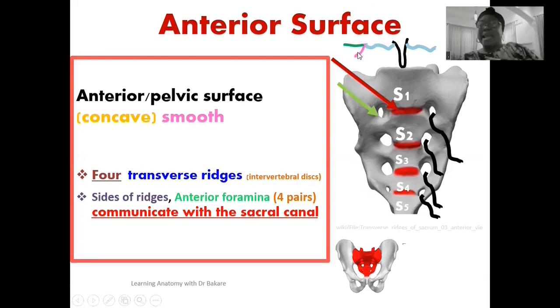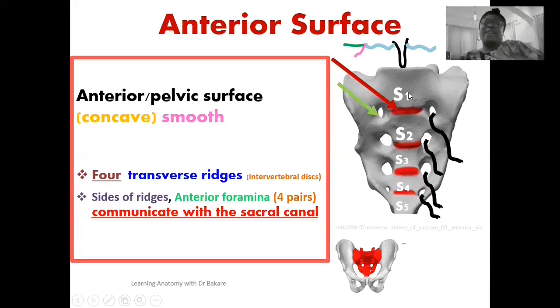And these 2 rami, as presented on this side, we also have on the other side. If you look at the configuration above, you see that the emergence of the rami is at the side. And of course, they will pass through the intervertebral foramen before they exit that space. So it is by the side that we have the emergence of the rami.